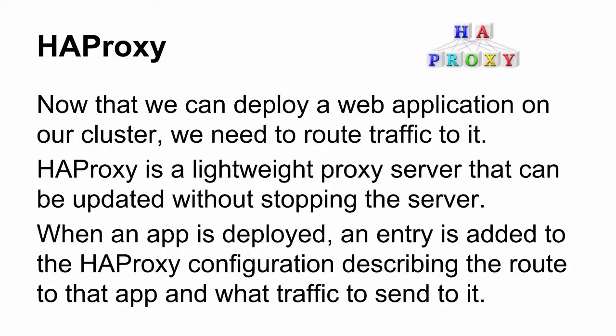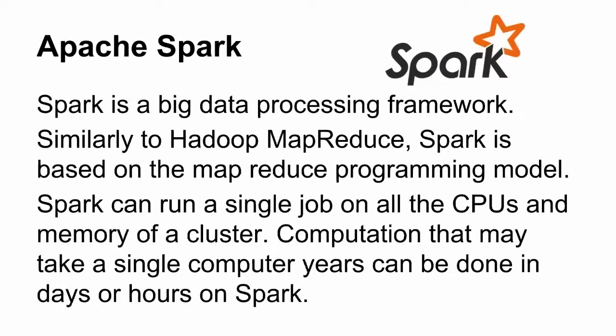Then it will reload that configuration file into the running HAProxy server. And then HAProxy will begin routing the traffic that you told it to, to the appropriate slave. It gets this information from the Marathon server.